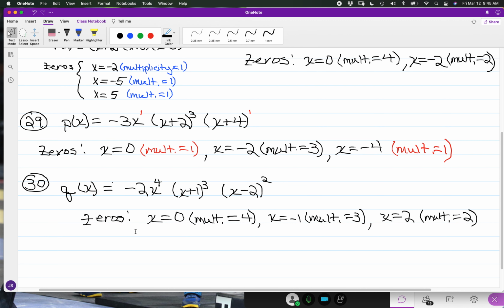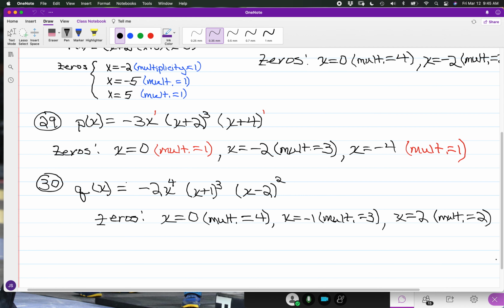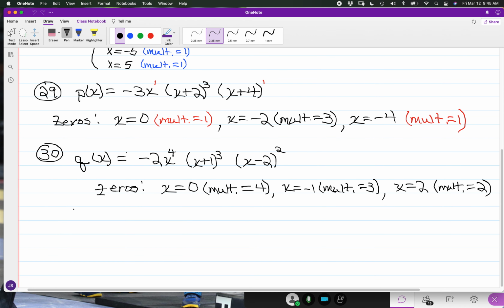All right. Now, in the case of number 38, this one is going to be a bit of an outlier in comparison to the previous problems. In 38, now we have the function m of x, set equal to x to the fifth minus 5 times x to the third.